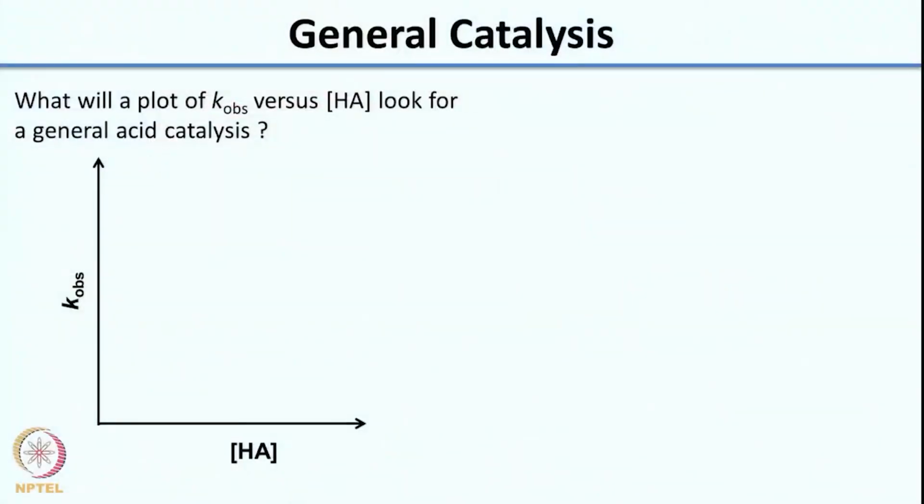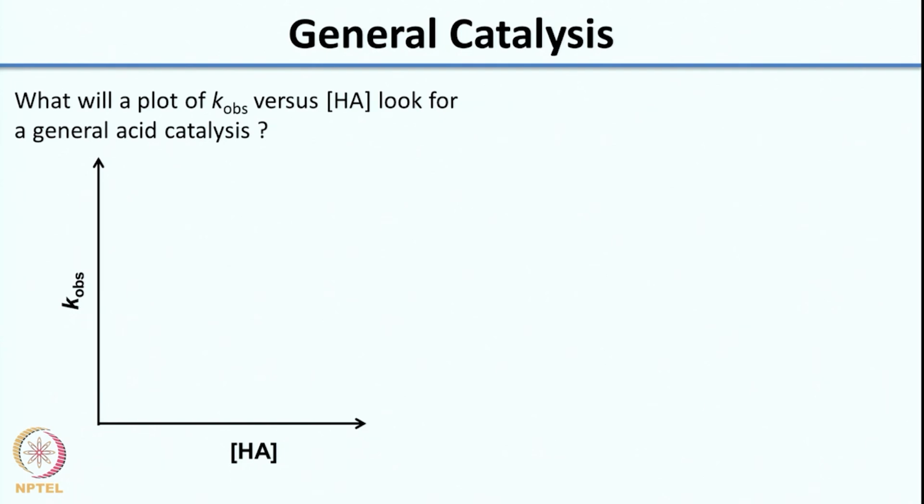So what would be a plot of K observed versus concentration of HA for general acid catalysis? I want you to think about this and you can press the pause button, look at the equation that we had written in the previous slide and then try to plot it. In the earlier case for specific acid it was a straight line which was parallel to the x axis, let us see what it will be in this case.